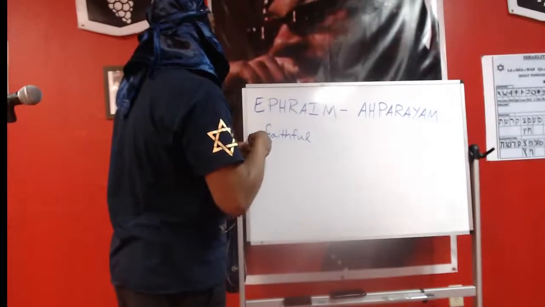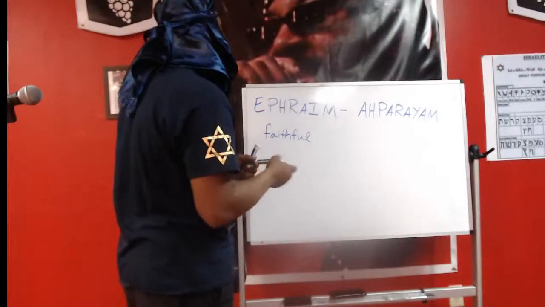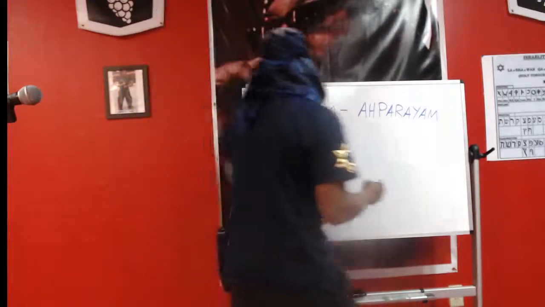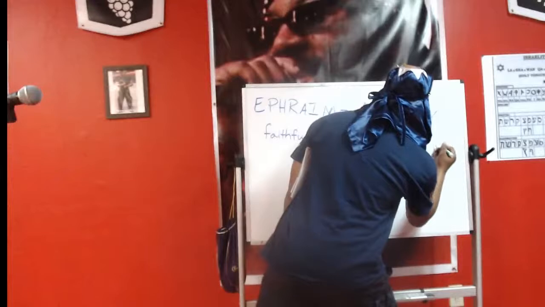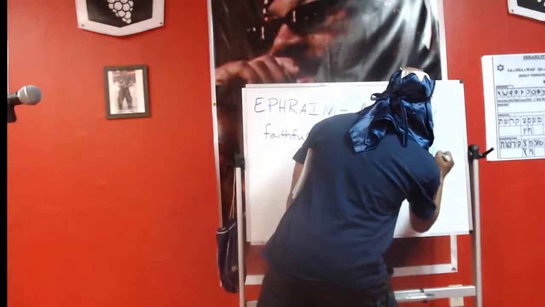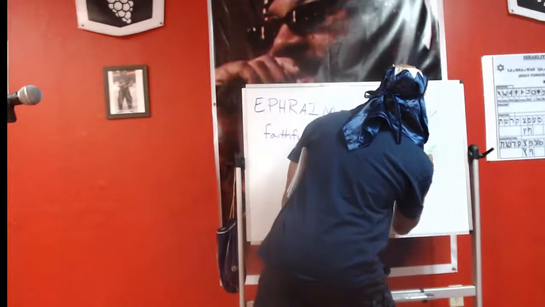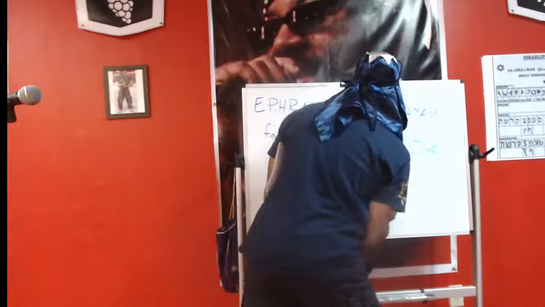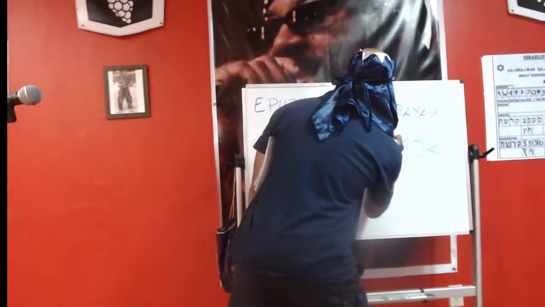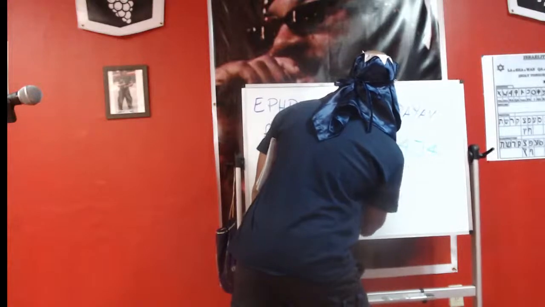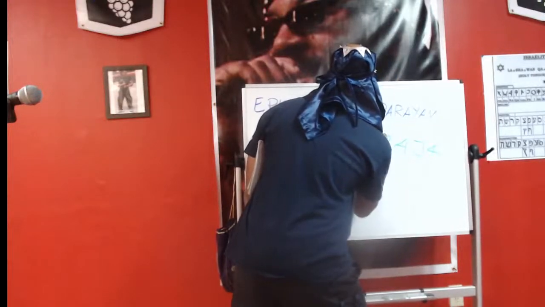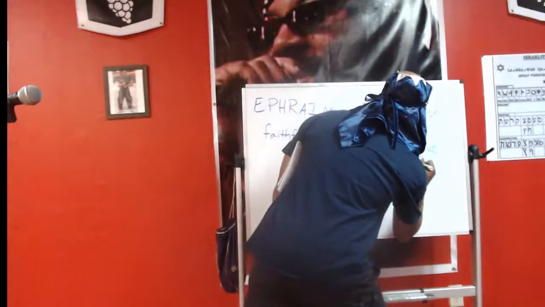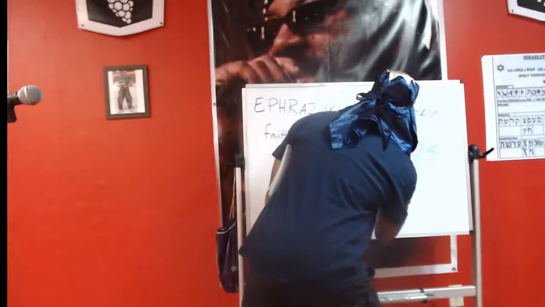All right. How do we write this out? In ancient, pa, ra, yum.